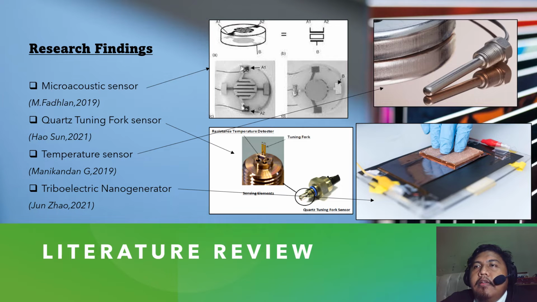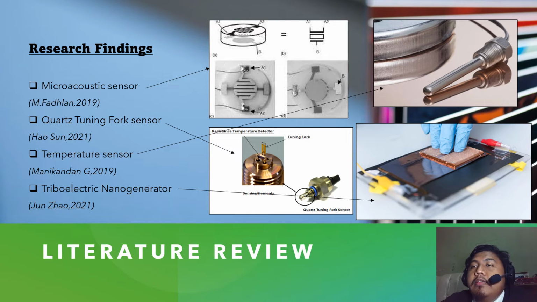For my literature review, there are various research findings that I have found for the sensors that have been used for oil deterioration and oil contamination. The first one is the microacoustic sensor by M. Fadlan in 2019. The second one is the quartz tuning fork sensor by Hausan in 2021.